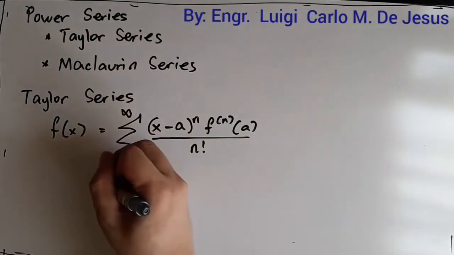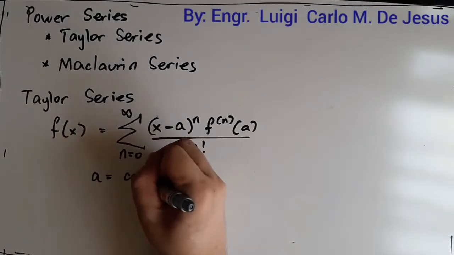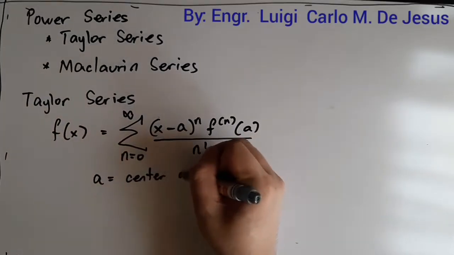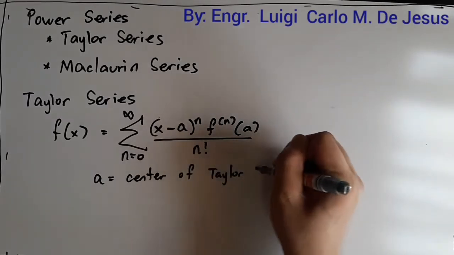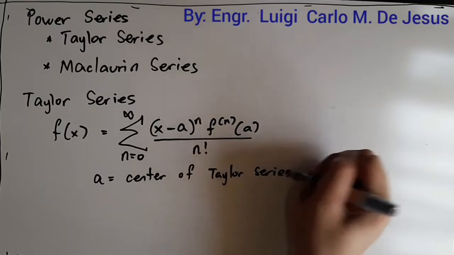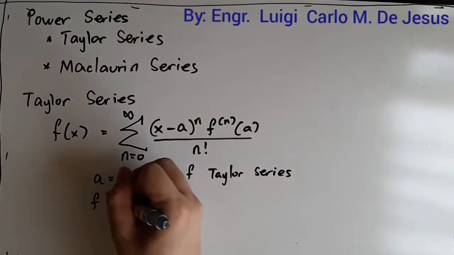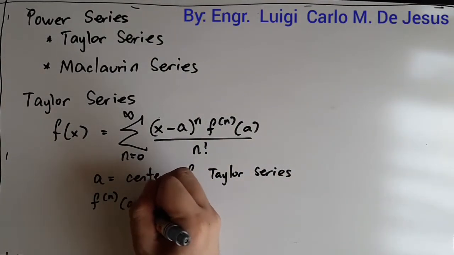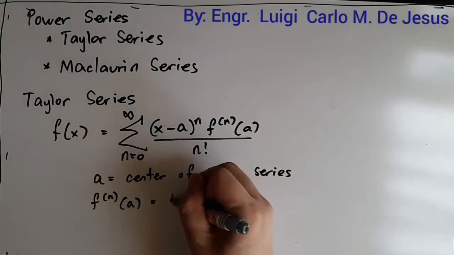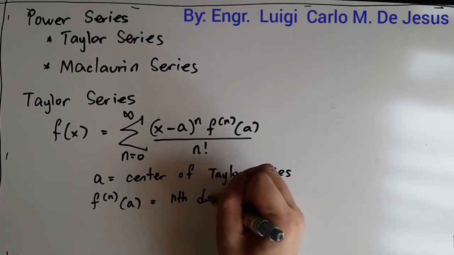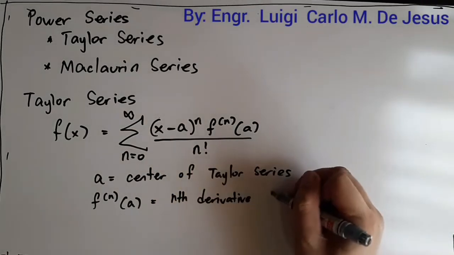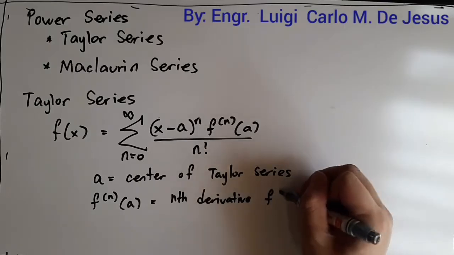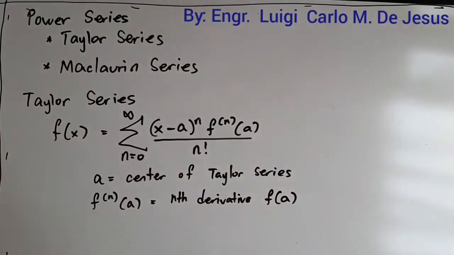The a here is what we call the center of the Taylor series, while f parenthesis of n of a is the nth derivative of the function f of x, whose x value is equal to a.